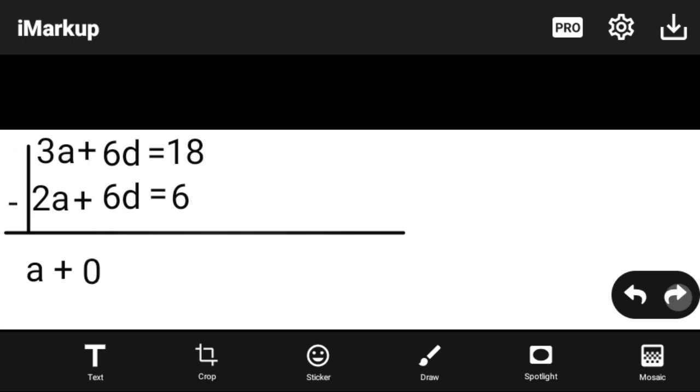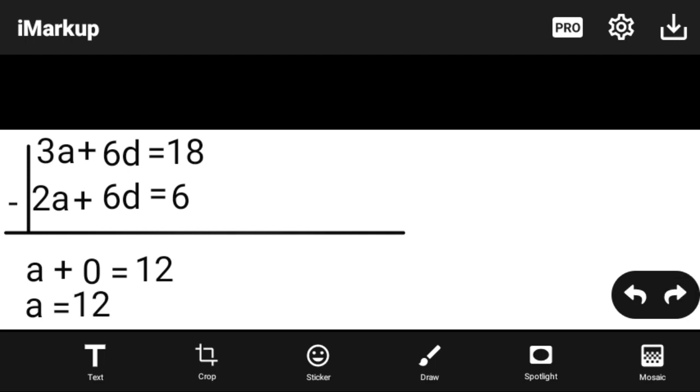Right? Yes. Then 18 minus 6, that is 12, positive 12. So now when you work out things there, you are supposed to get a is equal to 12.